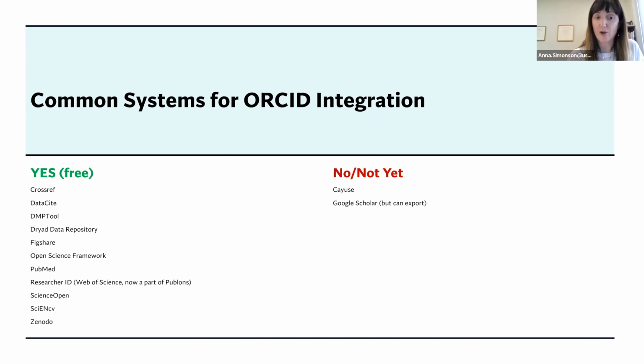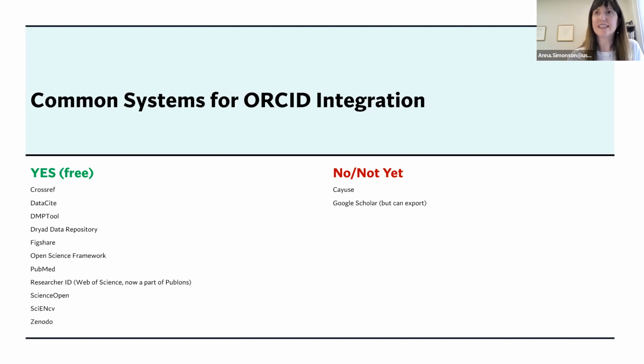So Figshare, Open Science Framework, PubMed, right? You'll start seeing more and more in the authors lists those little green circles. You're going to see it everywhere. And that way, when you click on it, you will get all of the Kevin Johnsons that are that specific Kevin Johnson, right?